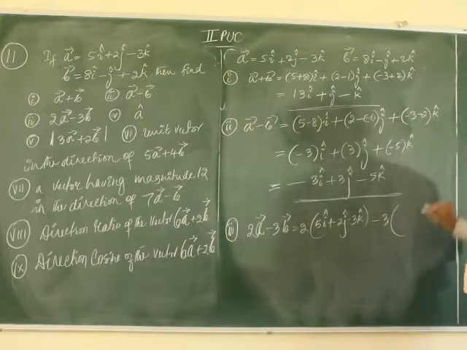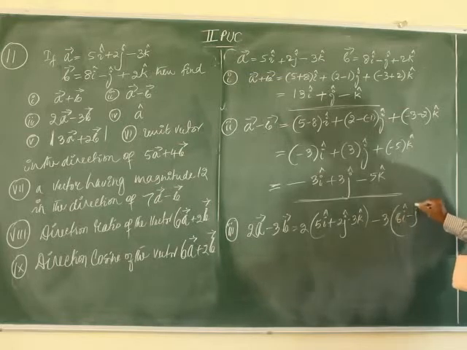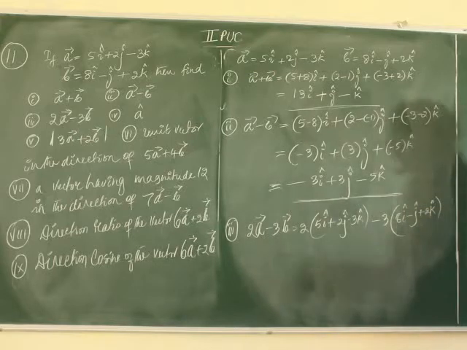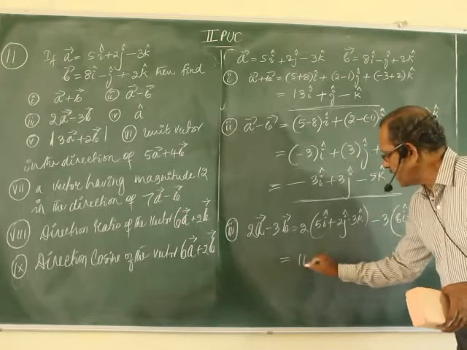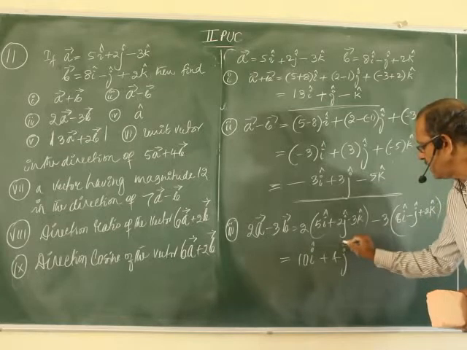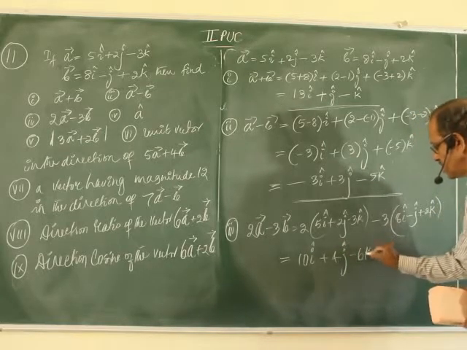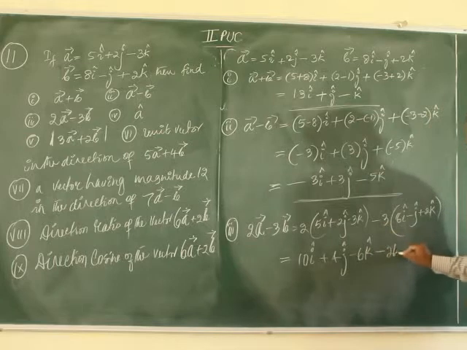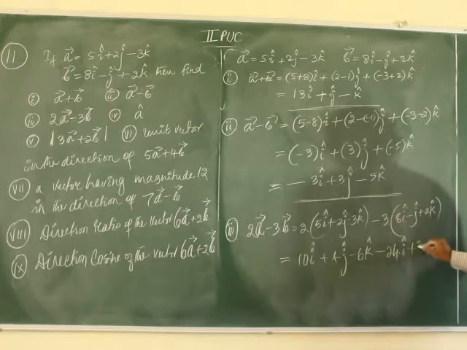Minus 3 into b, 8i minus j plus 2k, equal to 10i plus 4j minus 6k minus 24i plus 3j minus 6k.